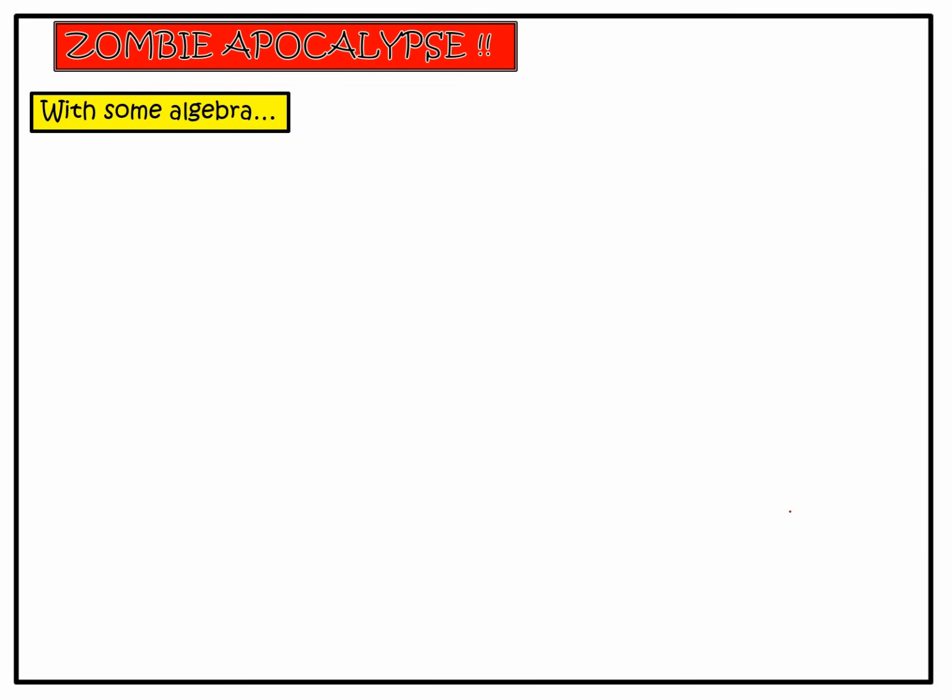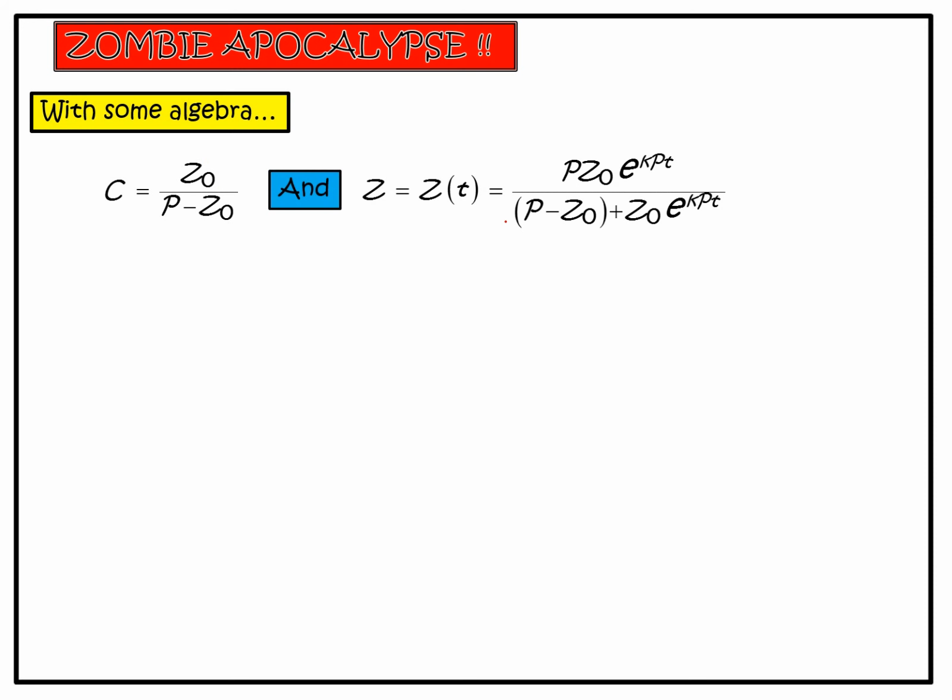So if we do that algebra, we can show that the constant out in front, that positive constant, is actually z0 over p minus z0. So z0 is the amount infected at time 0. So, maybe it starts with 1 zombie, then z0 would be 1. And with that constant, we can show then that z, our function for the infected population, is p times z0 e to the kpt over p minus z0 plus z0 e to the kpt.